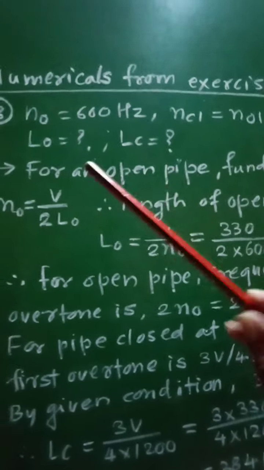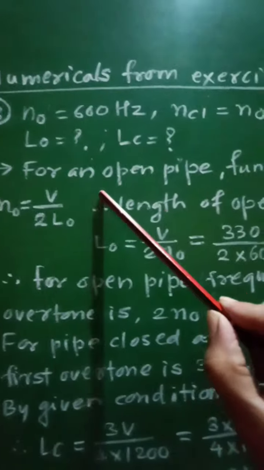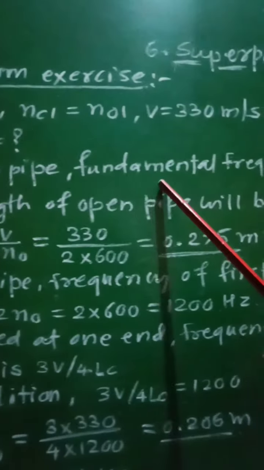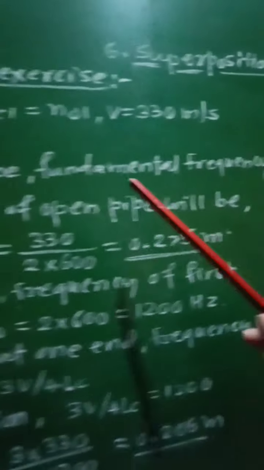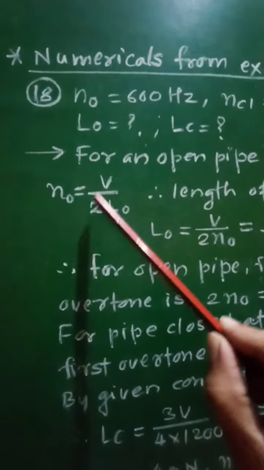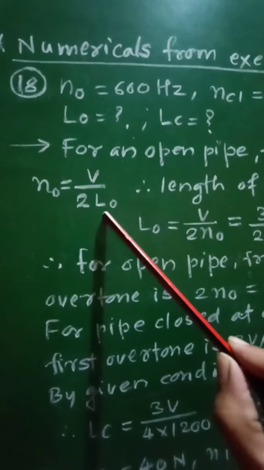So we know that for an open pipe, the fundamental frequency NO is given as v upon 2 LO.